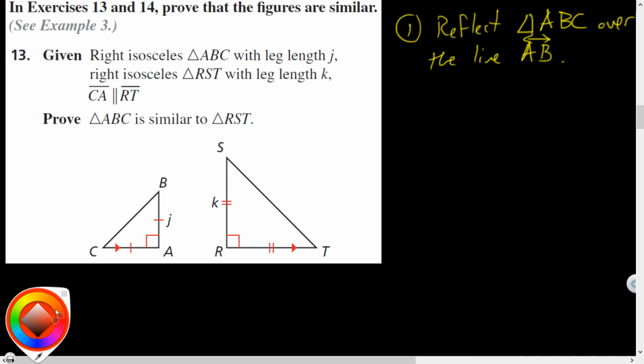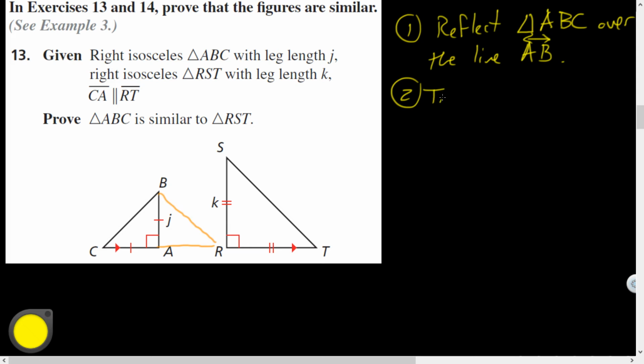So that would land, let me pick a different color here, right here. And then translate. Okay. Let's translate it so that A maps onto R. You guys like that idea?